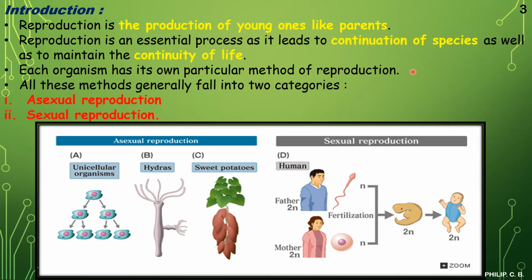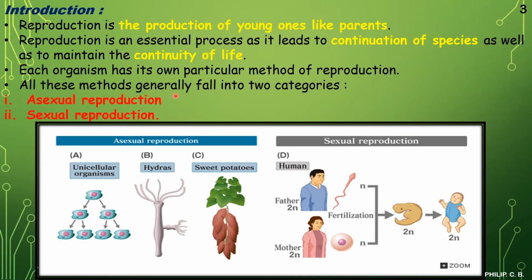That is, every organism has its own way of reproduction, as we saw in the previous slide. That is 7 different ways I had shown, whether it is binary fission, budding, gemmule formation, conidia formation. Different ways are there by different organisms.